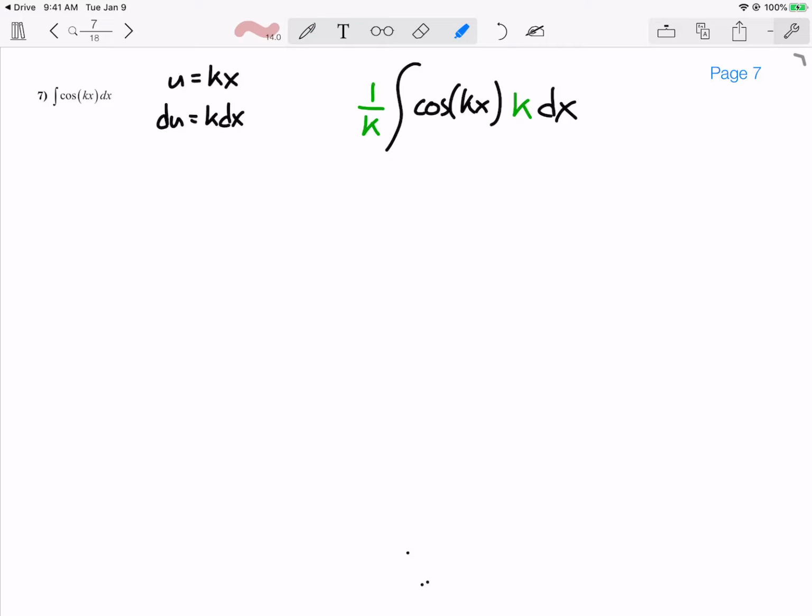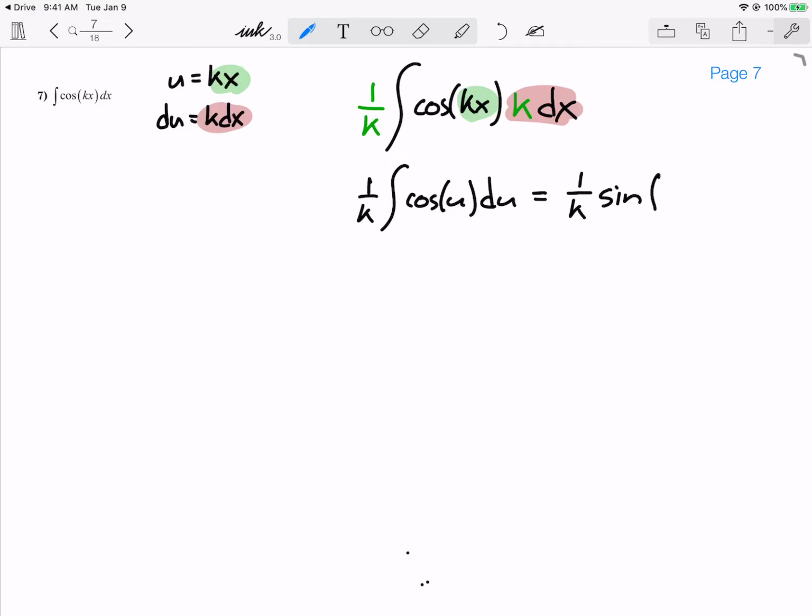So now you can see k dx is exactly my du, and then here's my u, and I'm ready to just replace. So I've got 1 over k integral cosine of u du. Integrate cosine, you get sine, so I get 1 over k sine.